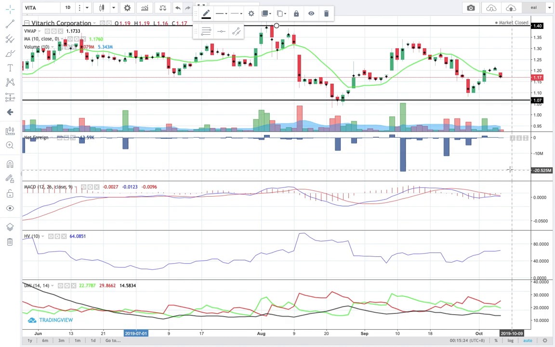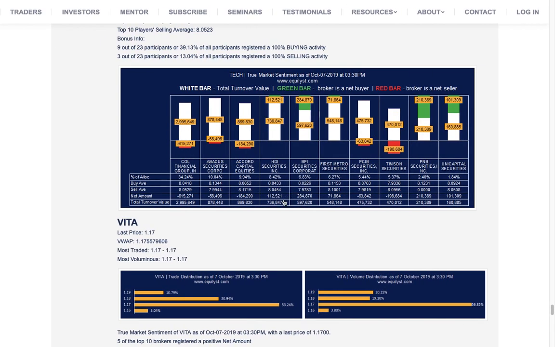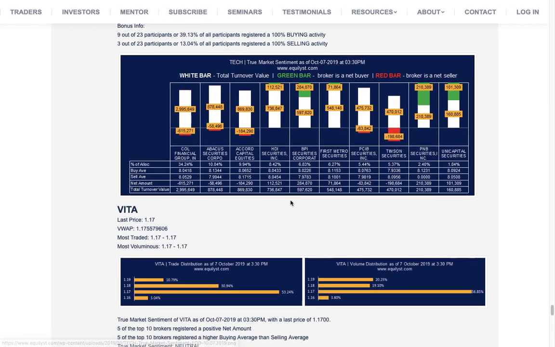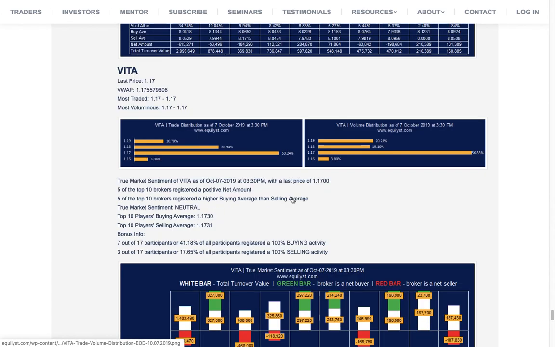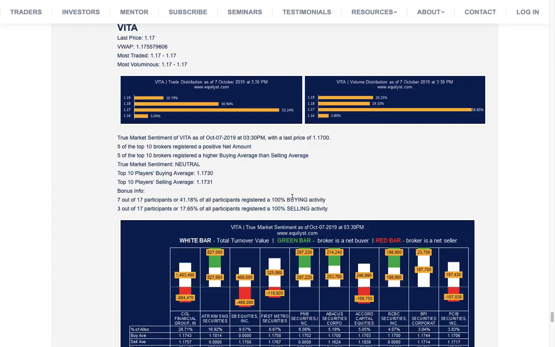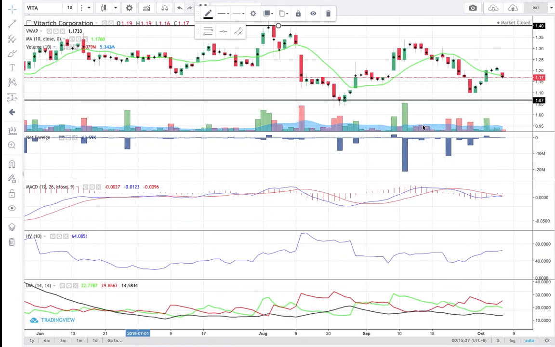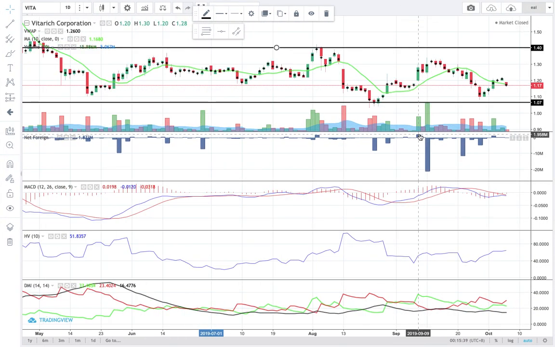It's about 6 points away from entering the high risk zone. The last price is lower than the VWAP, and that already makes a bearish momentum power indicator. The true market sentiment is also neutral. No signs of continuing ascent. No signs yet. So stay away from VITA for now.